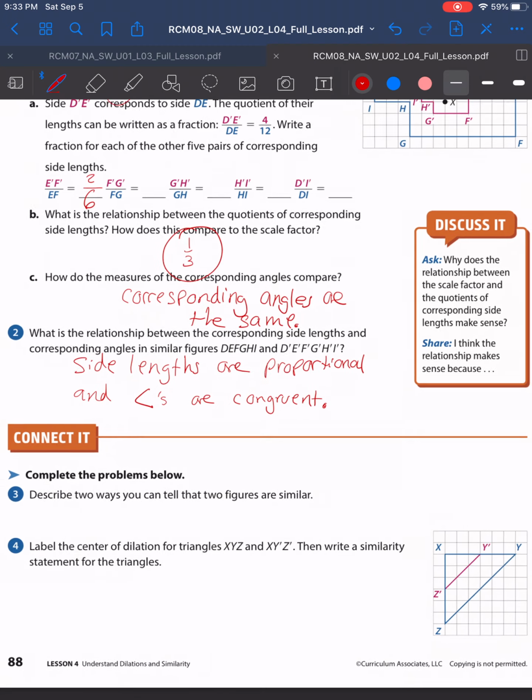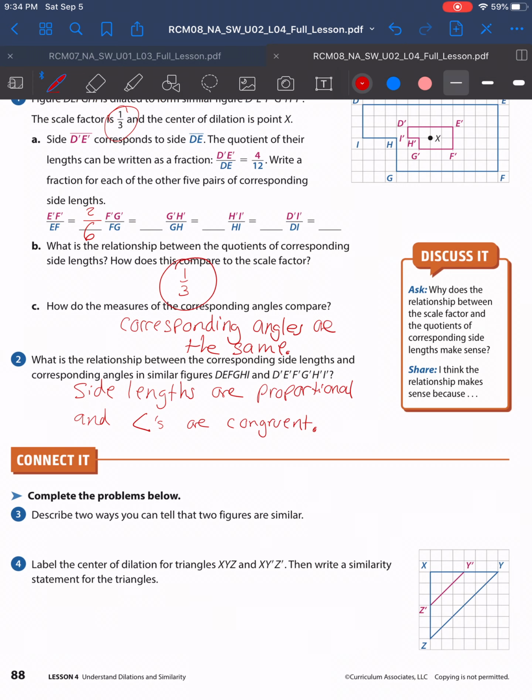Number 3, describe 2 ways you could tell that 2 figures are similar. Well, we can look at their angles. If their angles are the same, they are similar. And shape, look at the whole shape, see if the whole shape is the same shape.